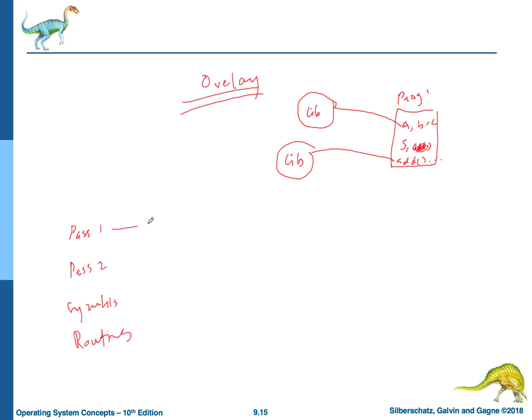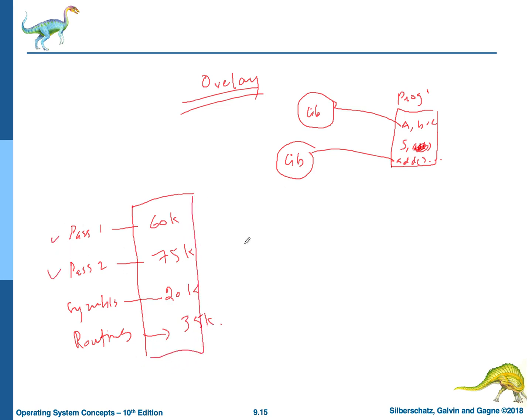So in pass 1 this program needs maybe 60k for execution, and in pass 2 this program needs 75k for execution, and symbols are 20k and routines are maybe 35k. So this is the total memory needed for running this program in 2 passes.